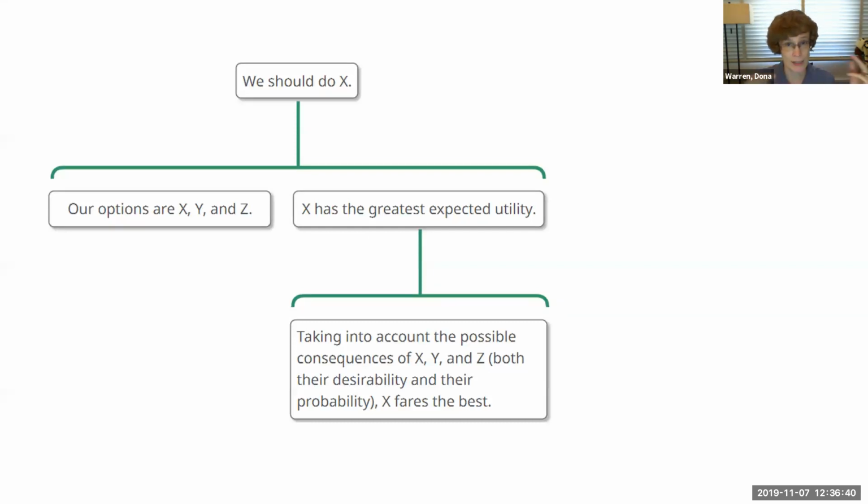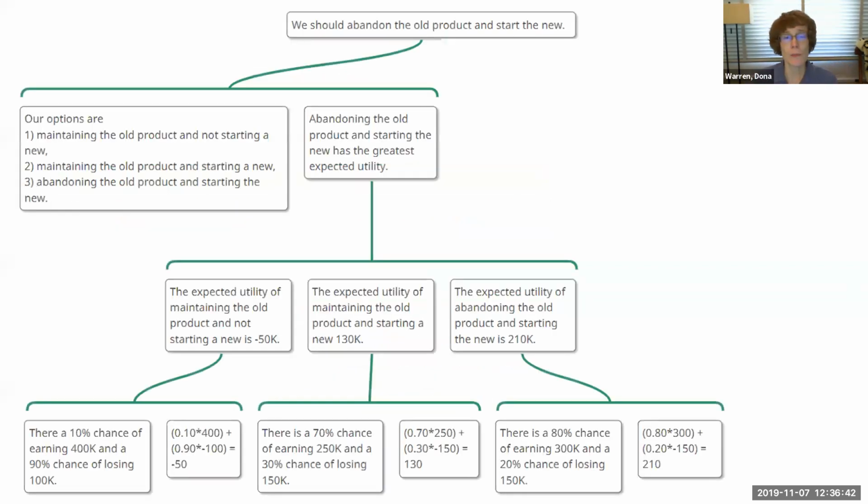So, an example. Suppose that we're working for a corporation and we produce something, and our current product isn't doing as well as we would like, and we have a few options. One option would be just maintain the old product and not do anything different. Another option would be, let's maintain the old product and maybe introduce a new one.